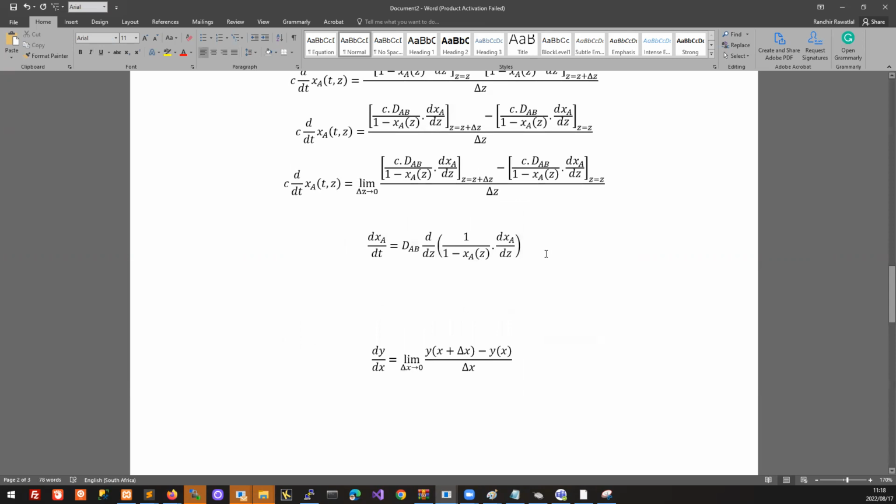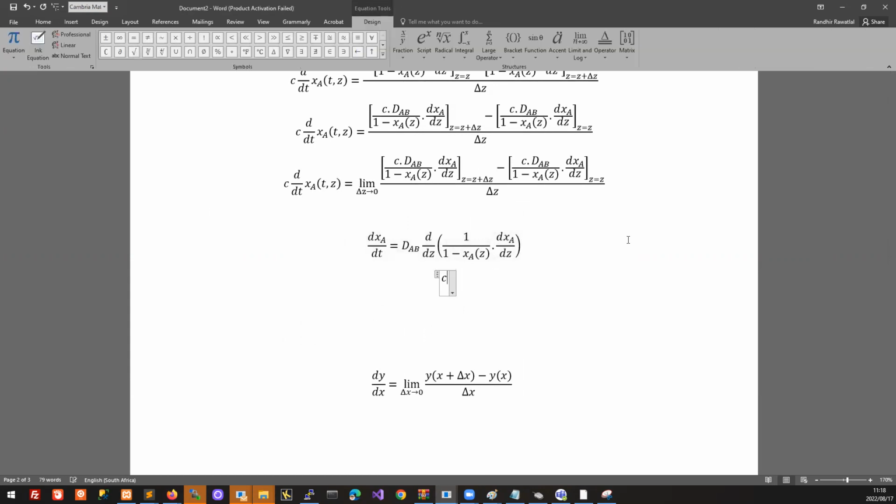And that's what we're looking for now. We want an expression that can be used to evaluate how the concentration is changing in T and Z. What we actually have here is X_A. We can see that if we integrate this, this is going to give us the mole fraction of X_A in T, right? When we integrate it, we are going to get a T dependence.